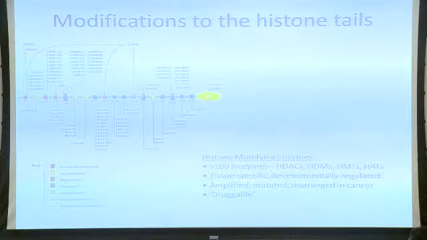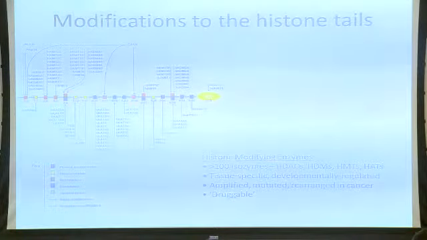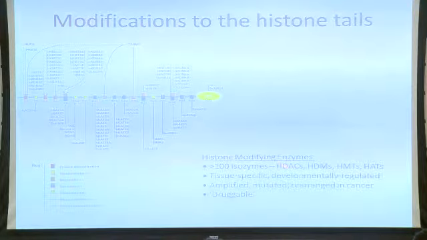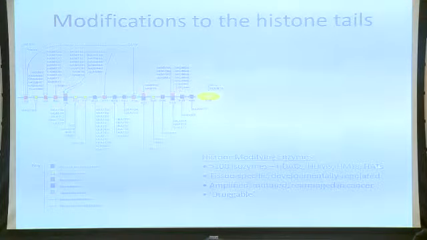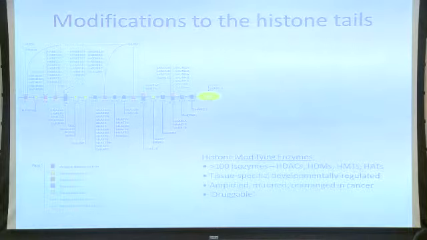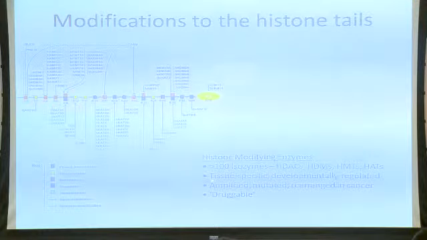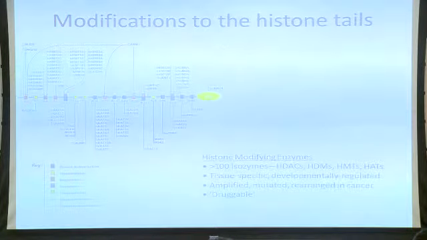There are over 100 different enzymes of histone modifying activity known at this point: acetylases, deacetylases, methylases, demethylases. Their occurrence and expression is tissue specific and developmentally regulated.